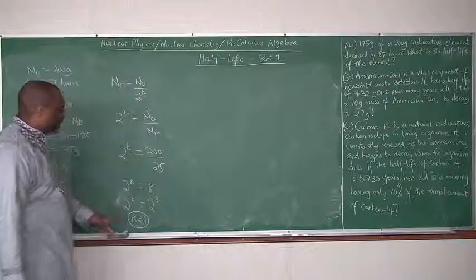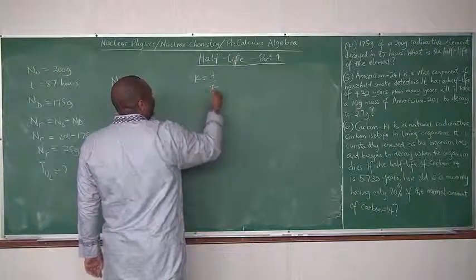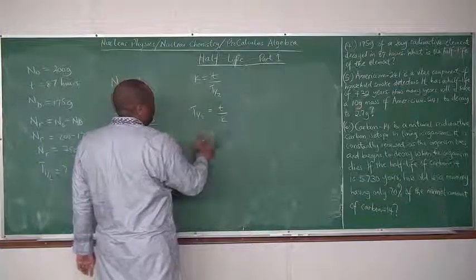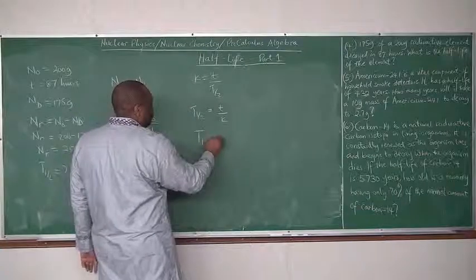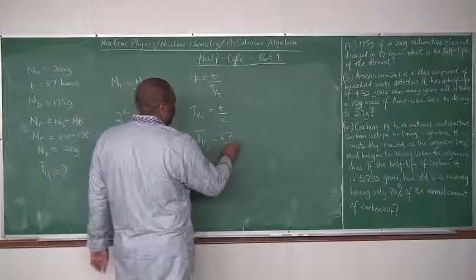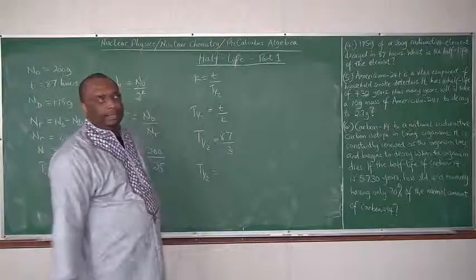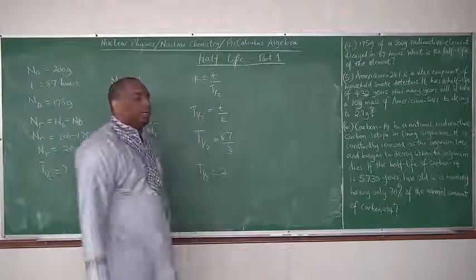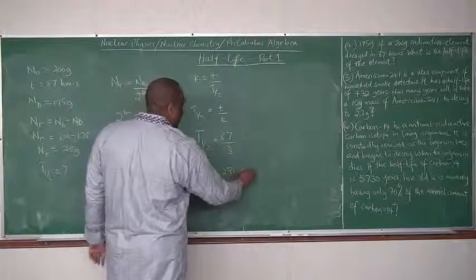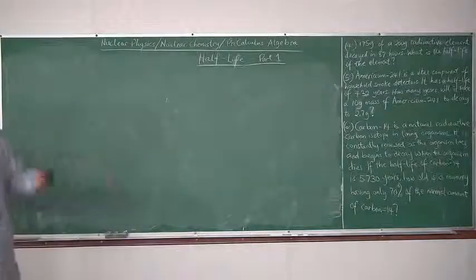But we've not finished. K is T over T half, so T half is T over K, which is 87 hours over 3. T half is 29 hours. You see, we are doing varieties.